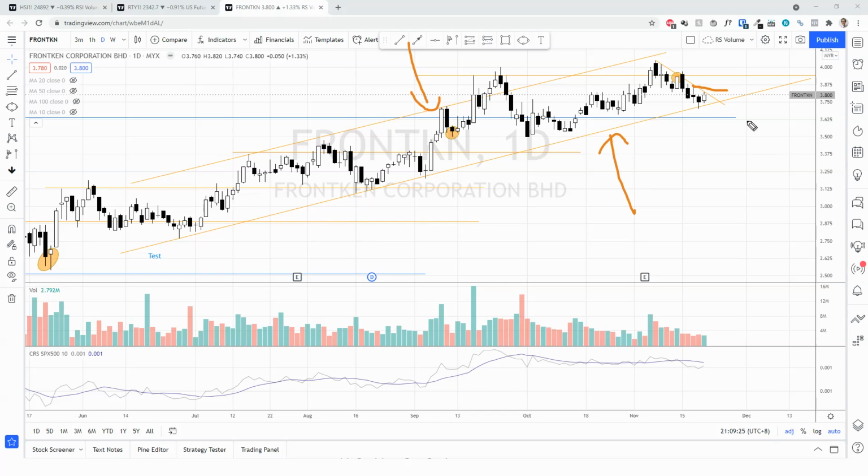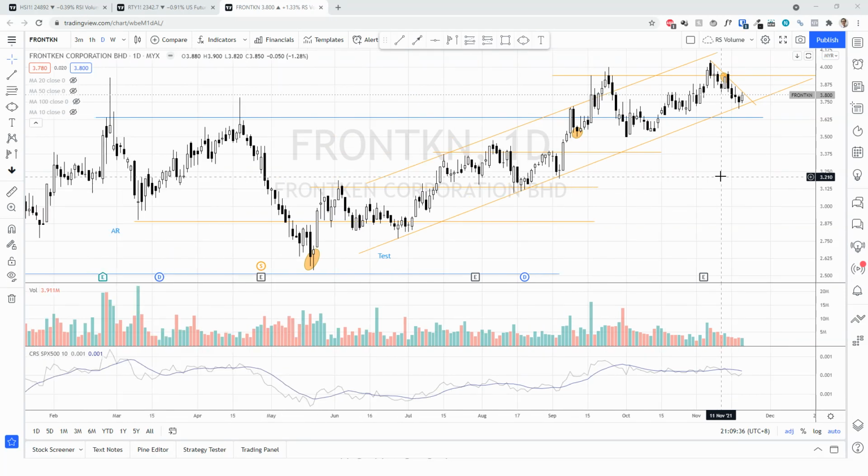So if you can commit above, I think that could be a nice entry or to scale in with the anticipation of the breakout. You can see that this is also another support, the horizontal type of support. So for a conservative stop, just put it below the support level. That will be relatively conservative. Okay, so that's FRONTKN.